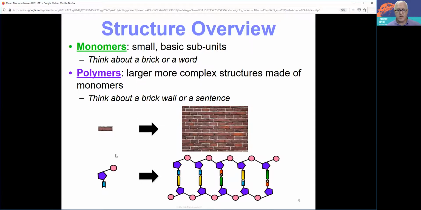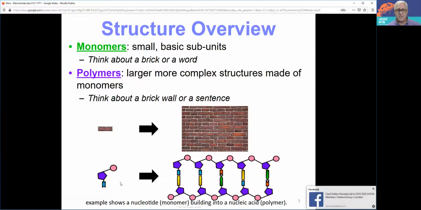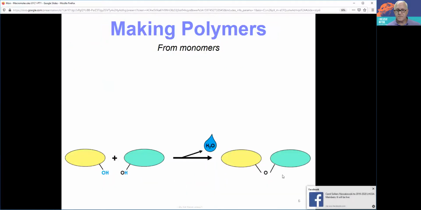And so here we have on the bottom this little structure on the lower left. That's a nucleotide. That's the monomer, which is part of the nucleic acid macromolecule string. Now, how do polymers get made?